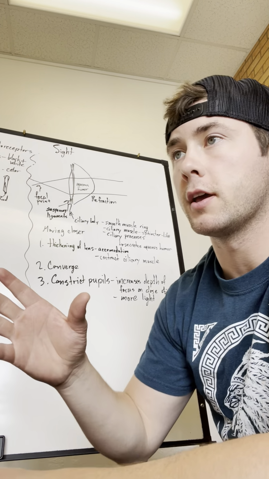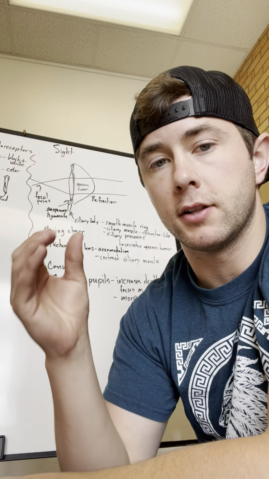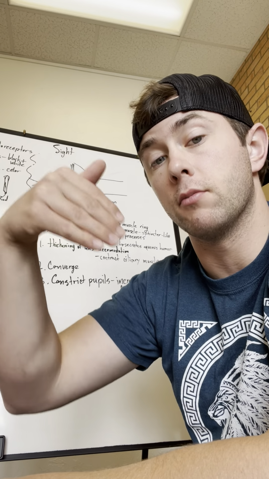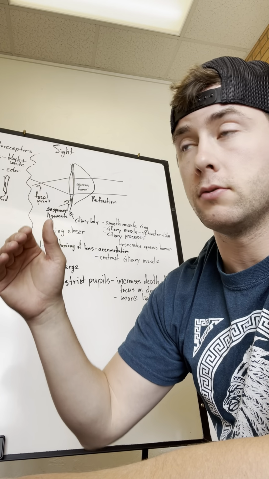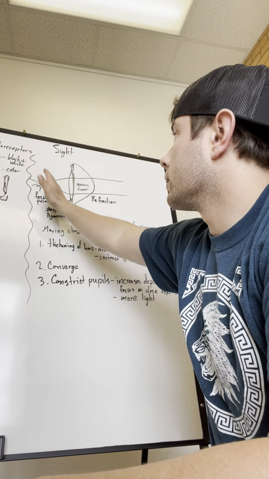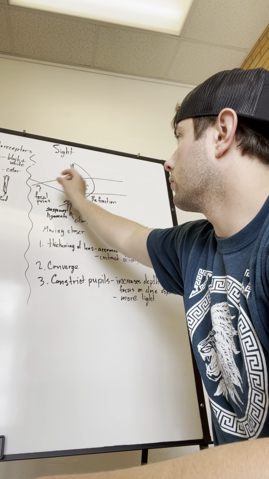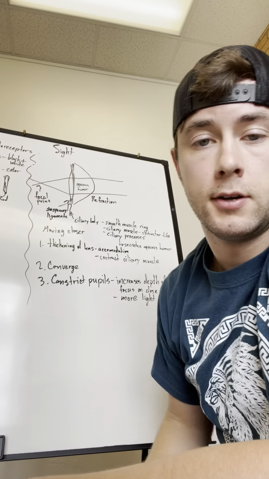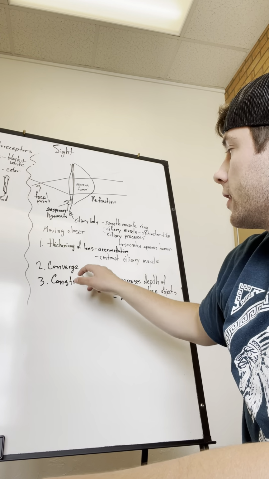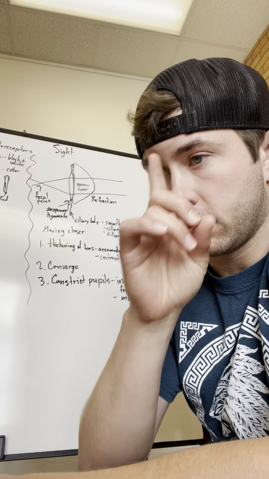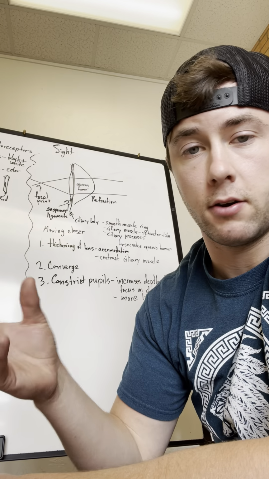What that does with the thickening of the lens is allow the light to bend more because it has more lens to go through, and so it will make this focal point closer or more shallow towards the lens.